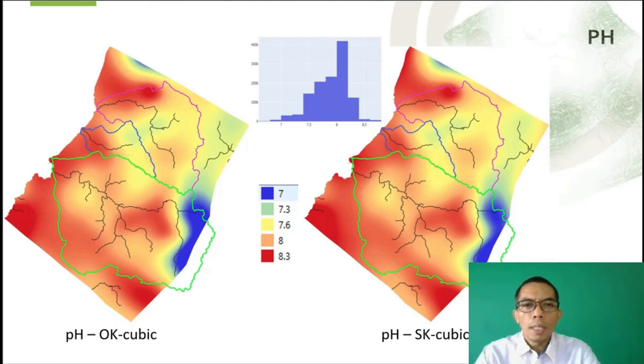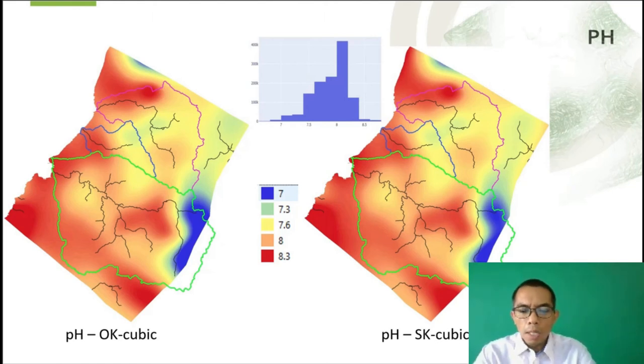Out of the 177 samples, only 2 samples have pH values less than 7 and the majority have pH values between 7.5 to 8.2. Hence, the geostatistically interpolated model revealed that soils in the study area are mostly alkaline.